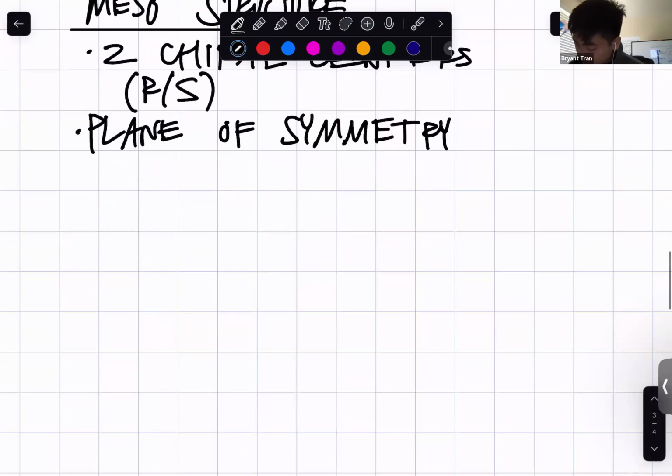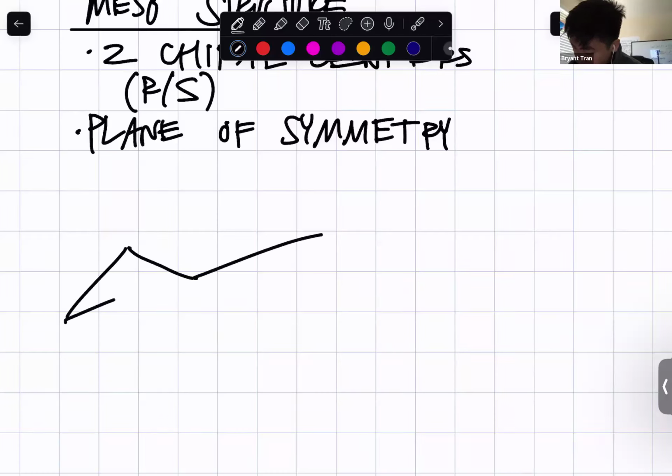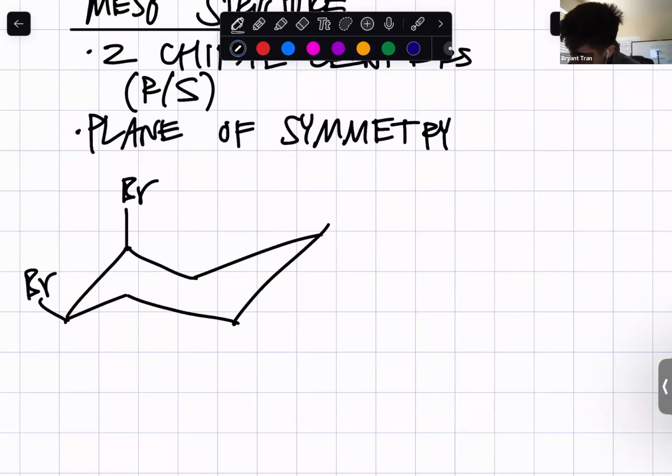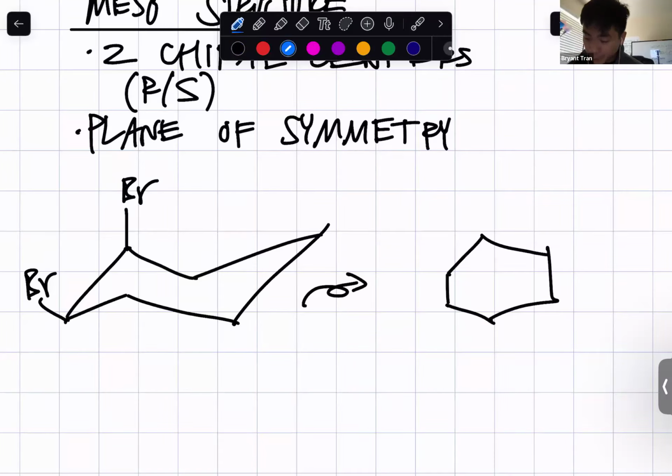Okay, so an example of that would be something like this, where if you have a chair like this, and say you have Br going here and Br going here, and we were to redraw this, and let's say we use the same technique as we did earlier.